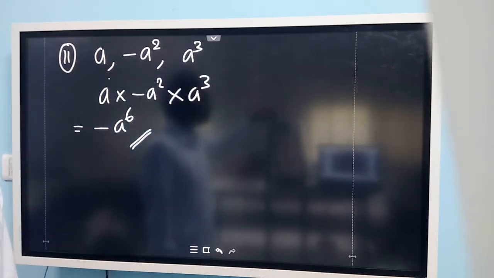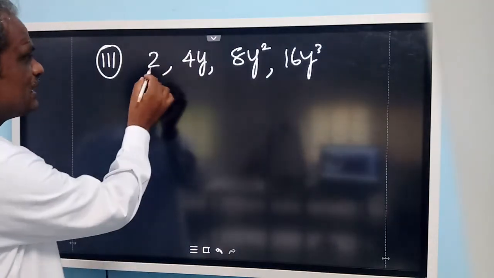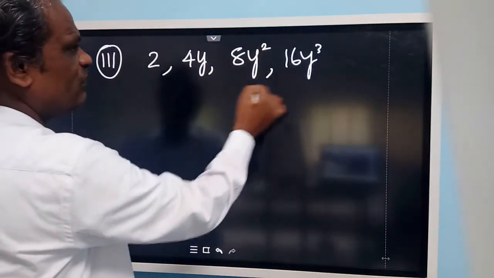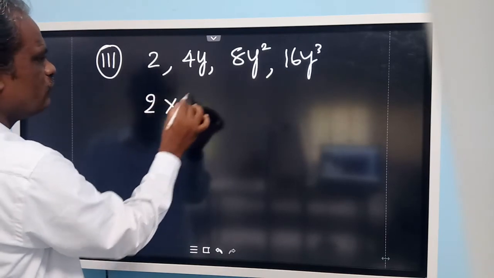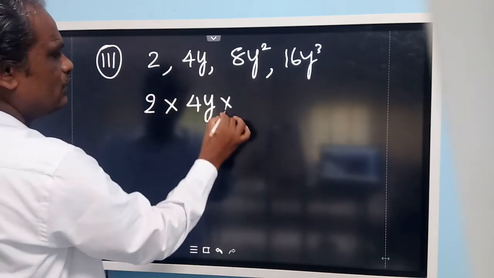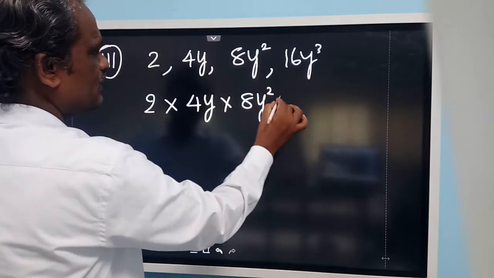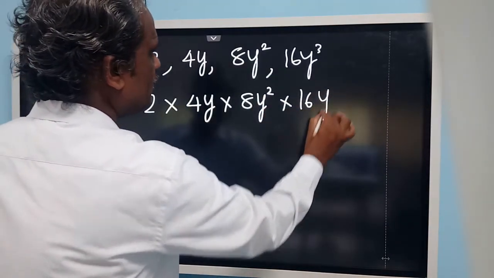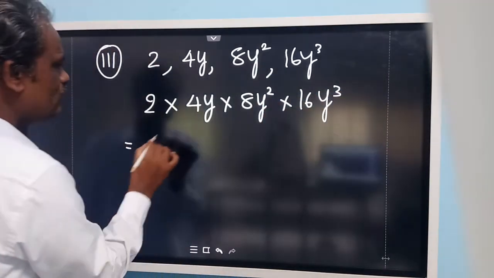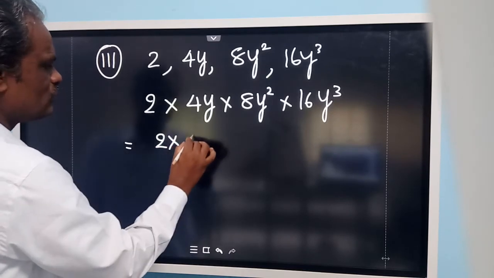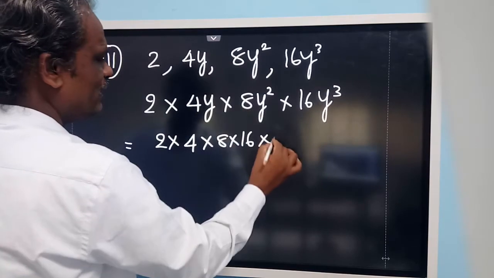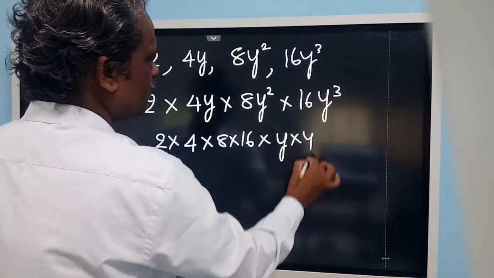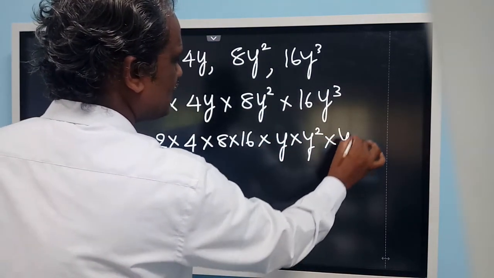The given question is containing 2, y cube. So multiplication 2 into 4y into 8y square into 16y to the power 3. We need to multiply first numerical coefficients 2 into 4 into 8 into 16. Then these variables y into y square into y to the power 3.